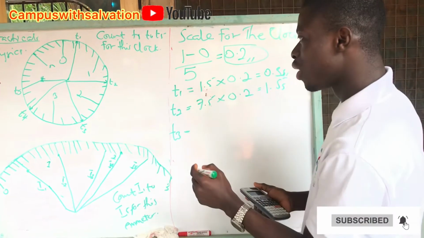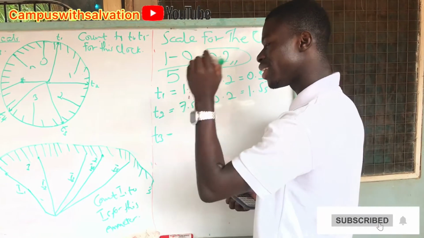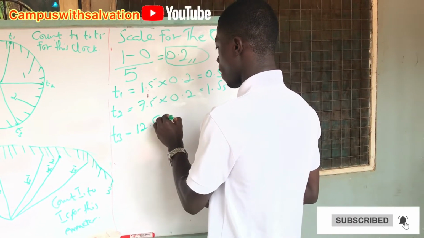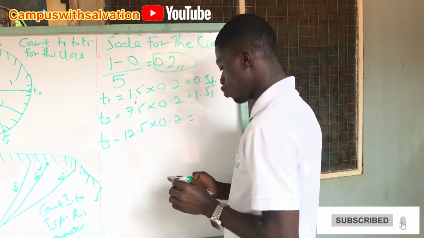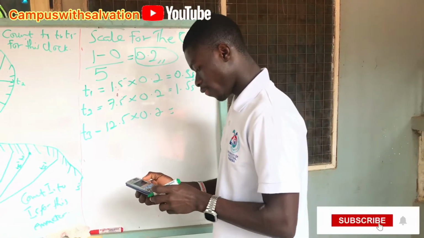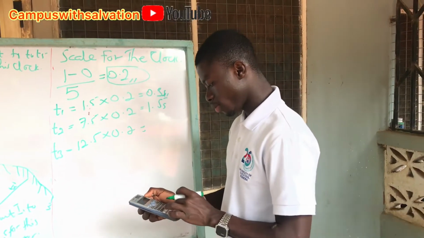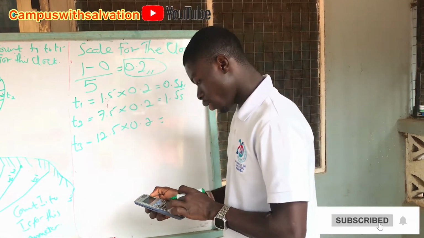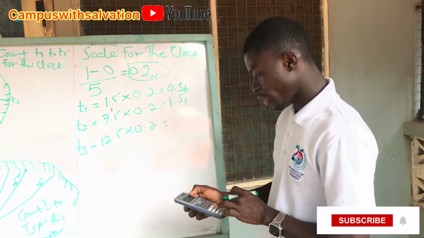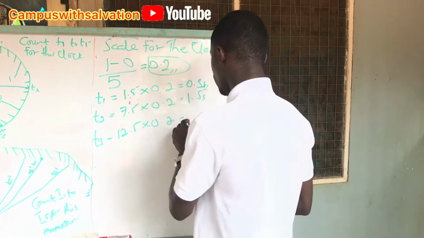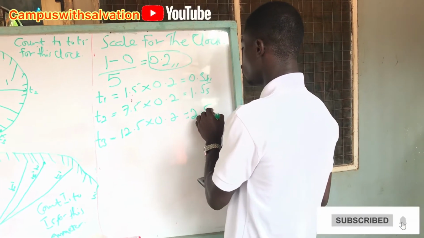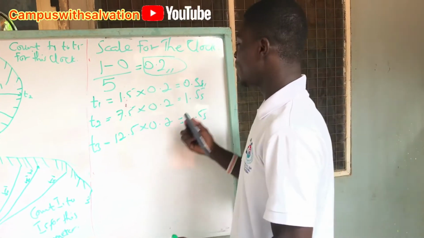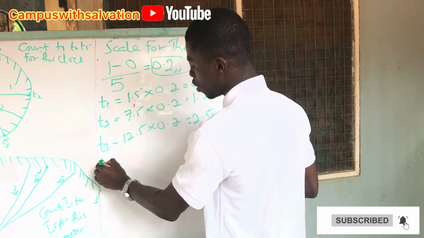So T3 will be 12.5 times 0.2, which will give us 2.5. Yeah, very simple. 2.5 seconds. Please don't forget to bring the seconds too, because that one too is very important.